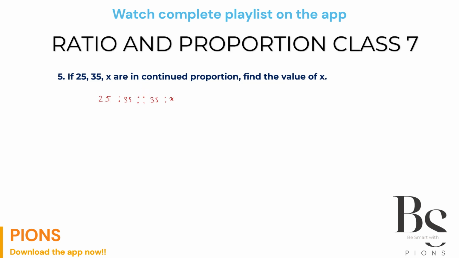Now they are asking the value of x. So what you will do, you will again find the product of extremes, that will be 25 into x, and we will find the product of means, that will be equal to 35 into 35. Now let's equate both the products, because they are in proportion.